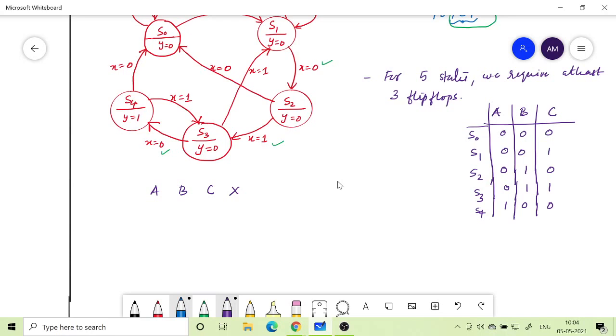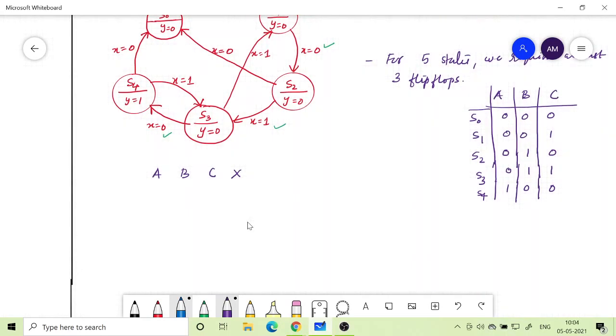Now the advantage here is that for a Moore machine, X is not an input variable for deciding the output function, but it is an input variable to the combinational circuit.